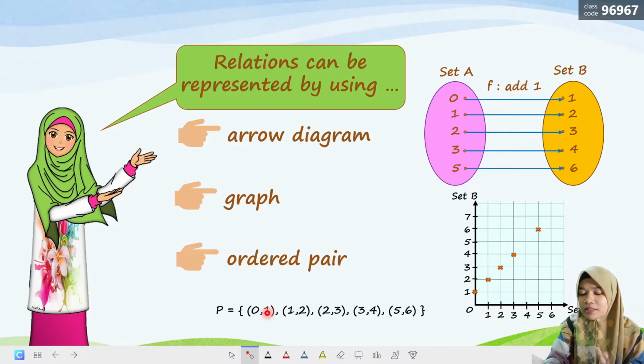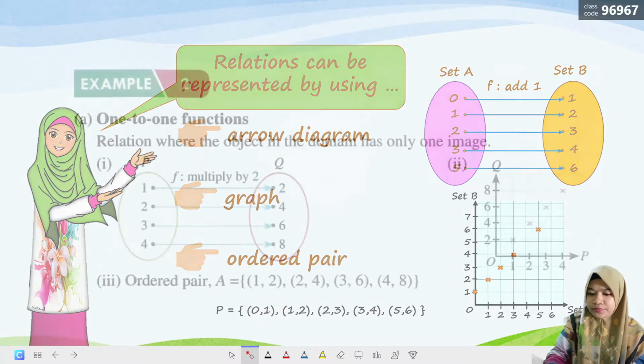You must start with set A, must start from the first set, first set and then followed by the second set. You cannot write 1, 0. Later we will learn why you must follow that order. Here 1, 2, not 2, 1. And so on. Each bracket, each pair, we separate by using a comma.